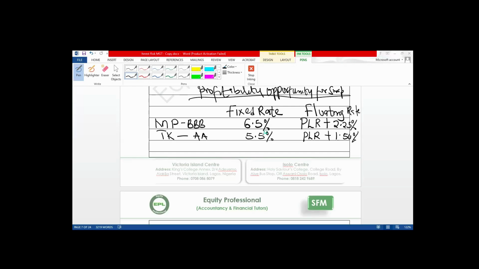All right. Now, look at this. The rate: 6.5 minus 5.5 gives 1.0. For floating, 2.25 minus 1.5 gives 0.75, so the arbitrage gain is 0.25.